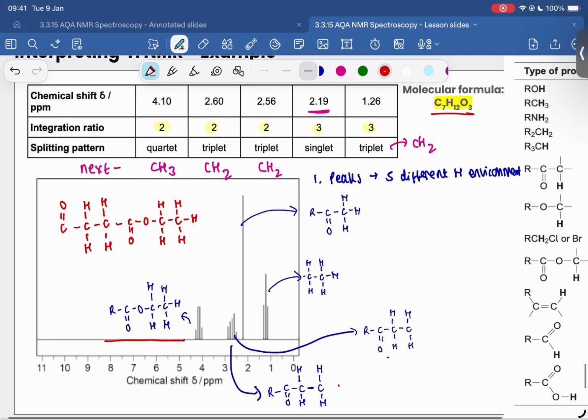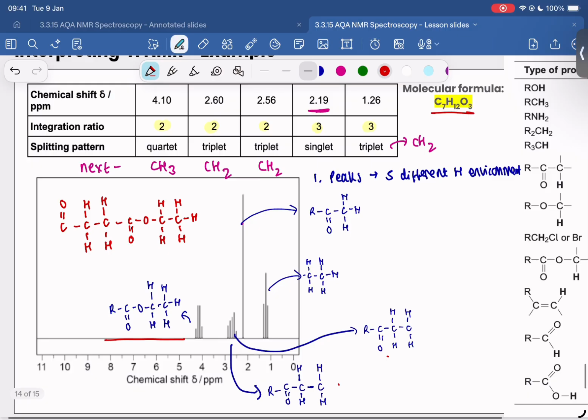And I'm doing that because I know that the C double bond O, again, as I said, is a triplet peak, so the adjacent carbon has to be attached to two hydrogen atoms.